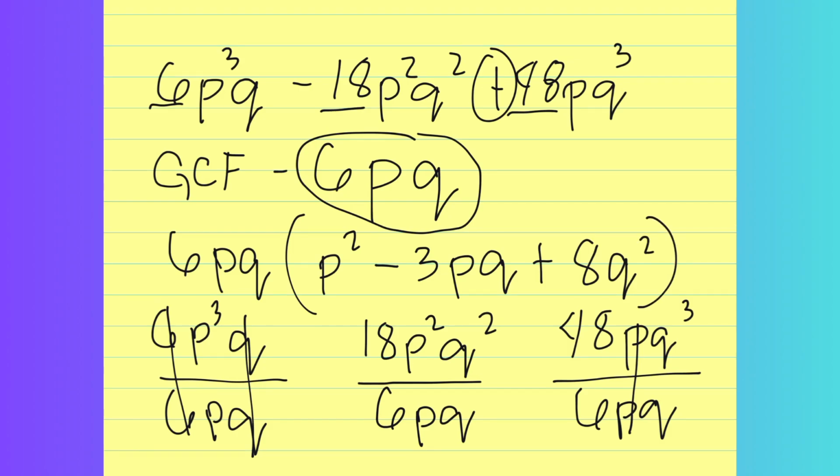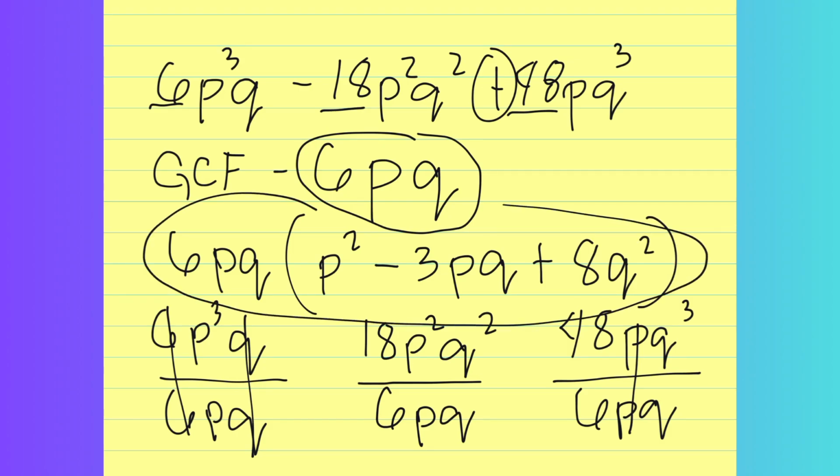And now, this is the factored form of our given polynomial, 6p cubed q minus 18p squared q squared plus 48pq cubed. And that's how to factor the common monomial using the greatest common factor.